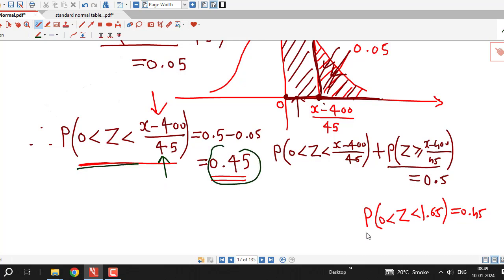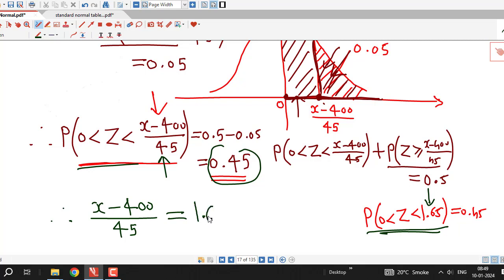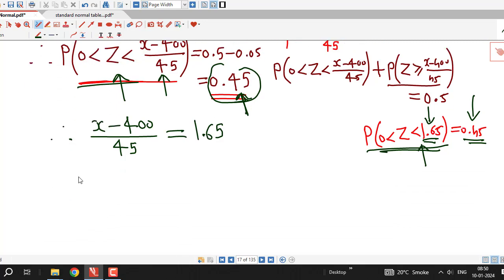So if we compare these two, then we must have this value (x minus 400) divided by 45 equal to 1.65, because it is given that area between 0 and 1.65 is 0.45, and here we find that area between 0 and (x minus 400) over 45 is also 0.45. So we have both the right hand sides equal, so we must have this value equal to 1.65, and now we can solve this for x.